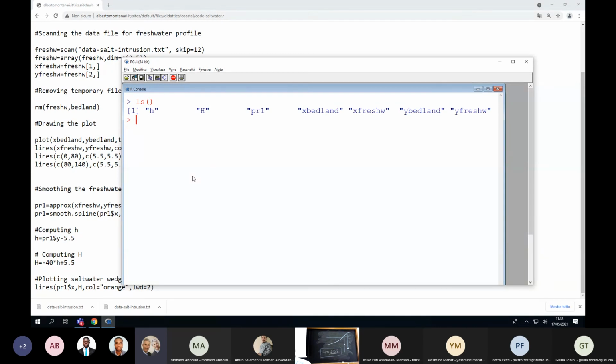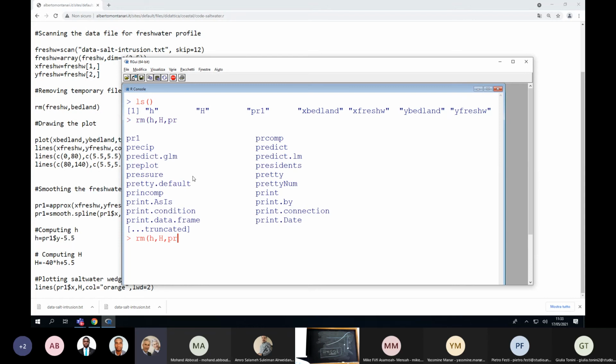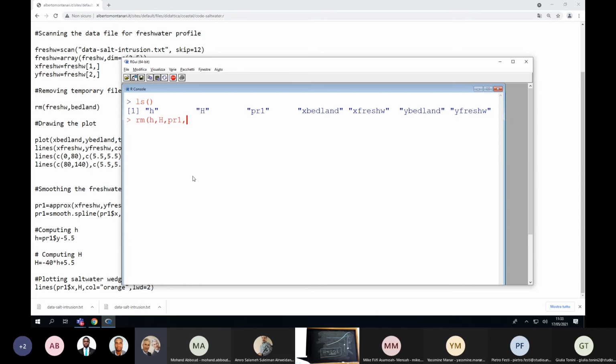Okay, so I have to remove everything, H, PR1, X, deadland, X. Let me remove all the variables. Okay, now I removed everything.